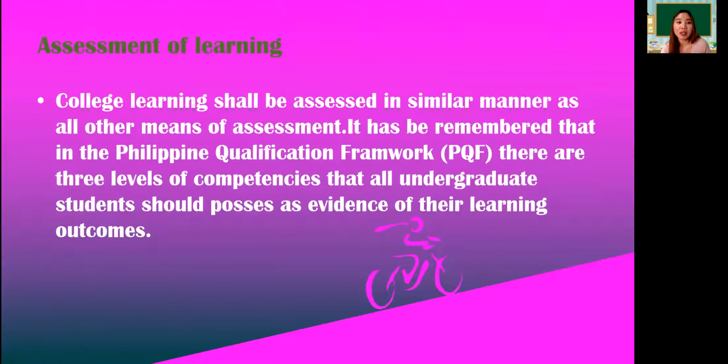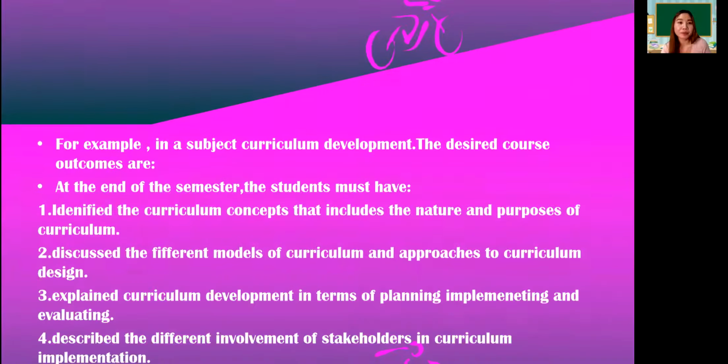Assessment of learning. College learning shall be assessed in a similar manner as all other means of assessment. It should be remembered that in the Philippine Qualifications Framework, there are three levels of competencies that all undergraduate students should possess as evidence of their learning outcomes.